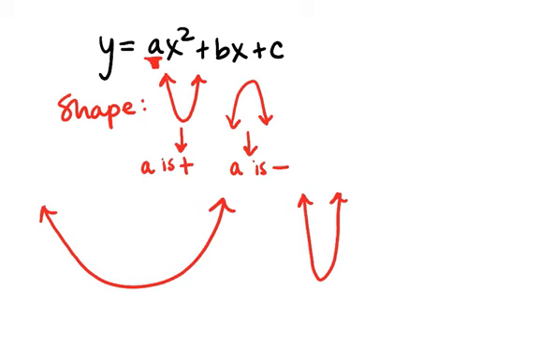Whereas one that is a larger value, farther from 0, will have a narrower parabola. So, let's say a is closer to 0. And for the narrow one, a is farther from 0.